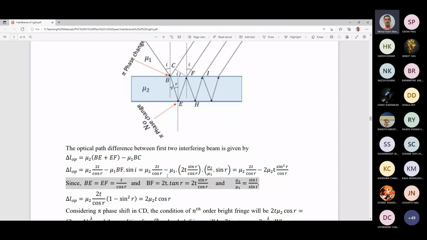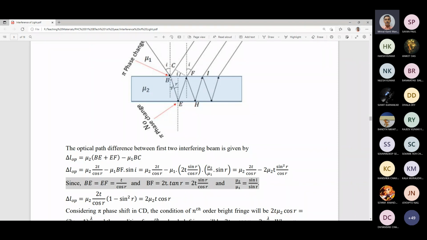So if we put it here, that is twice t tan r, that is sin by cos, and again this mu1, twice t sin r by cos r, then mu2 by mu1 sin r. Okay, mu equal to sin i by sin r in this region.